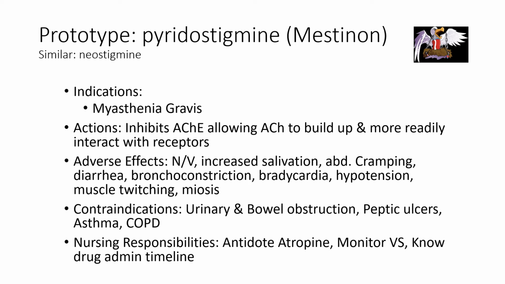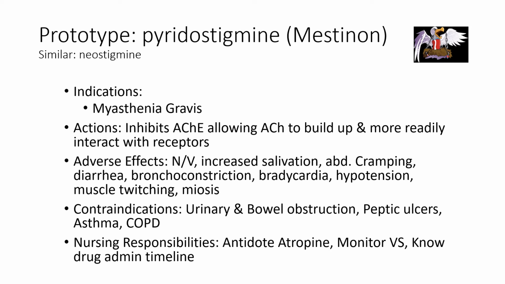So what drug can we use if by mistake we give too much pyridostigmine? So if we have too much pyridostigmine on board, we're going to have too much acetylcholine at the neuromuscular junction and in the parasympathetic system, giving you all those side effects. So the prototype medication, or the prototype anticholinergic, is atropine.